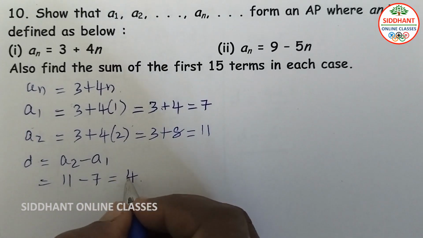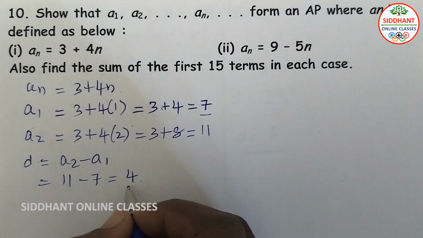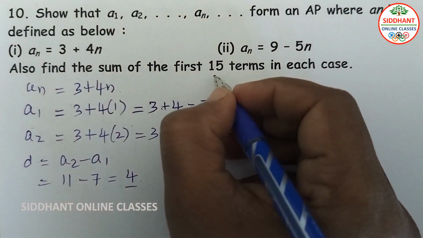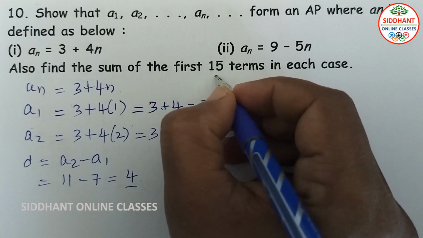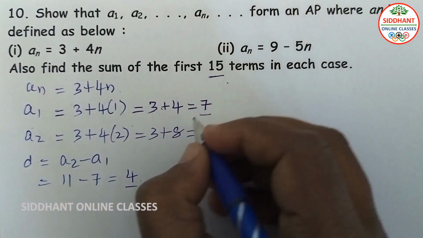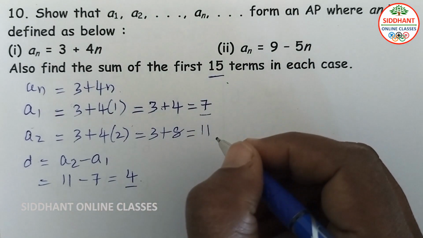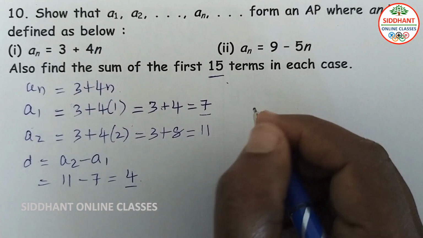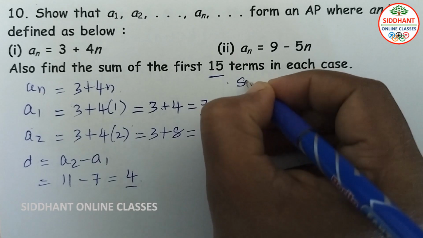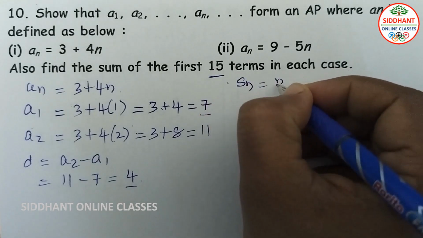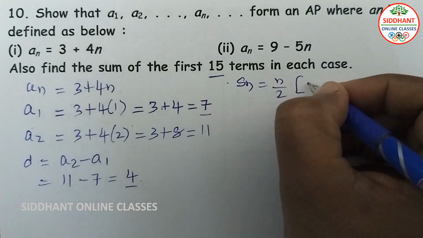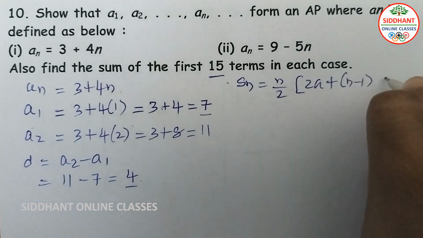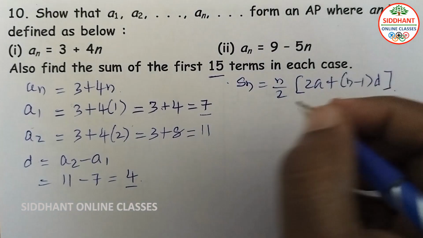We got a which is 7, d which is 4, and we are going to find the first 15 terms, that means n is equal to 15. The sum we are going to find here. That means Sn equals n by 2 (2a plus (n minus 1)d).